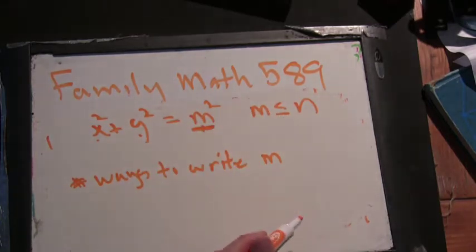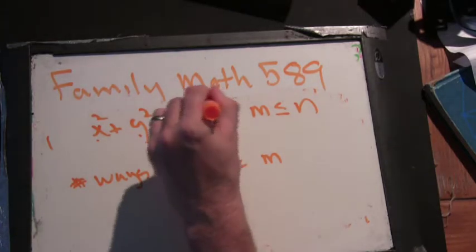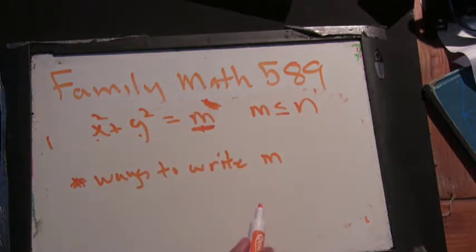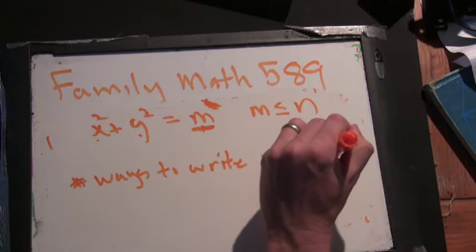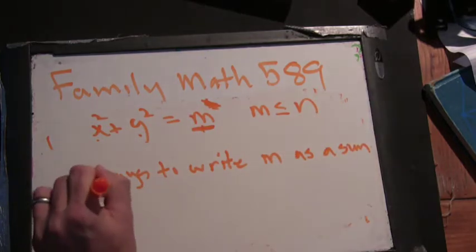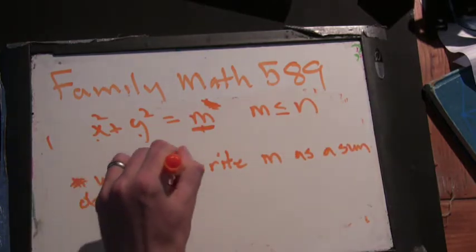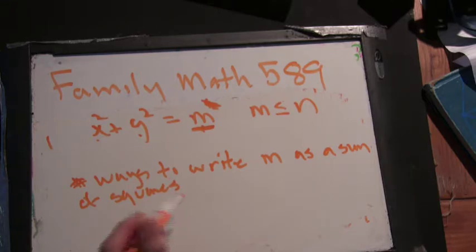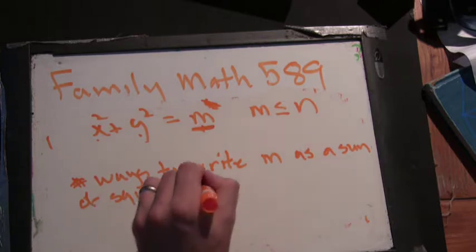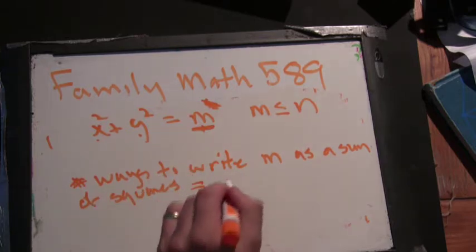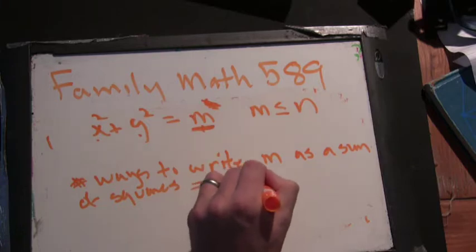So we get the number of ways to write m as the sum of squares. Remember, for 0 there was one way to do it. I'll call this function w of m, writing m.